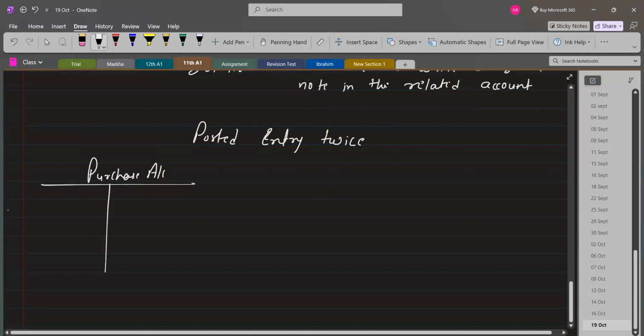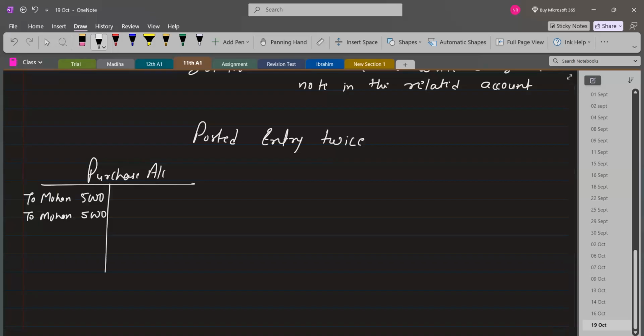In the purchase account, you write things on the debit side. So you have written one purchase account debit to Mohan account 5,000, and again you have written the same transaction. So you have posted this transaction twice in the ledger.